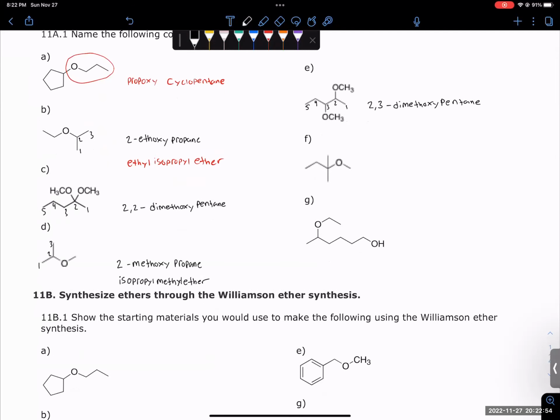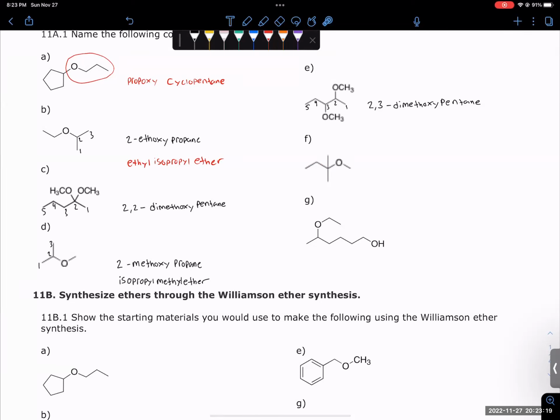For this one, it's going to be a little interesting. So if you see this on an exam, don't stress. You should realize that you find your longest carbon chain for the IUPAC name. So if we start here, it could be 1, 2, 3, 4, or it can be 1, 2, 3, 4.